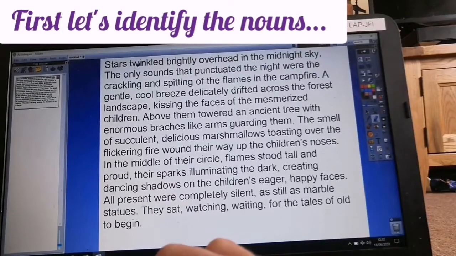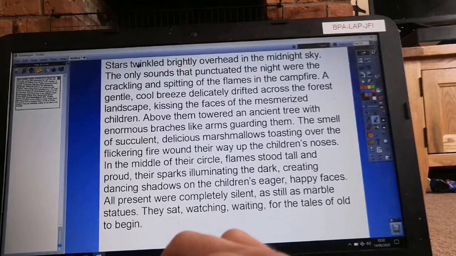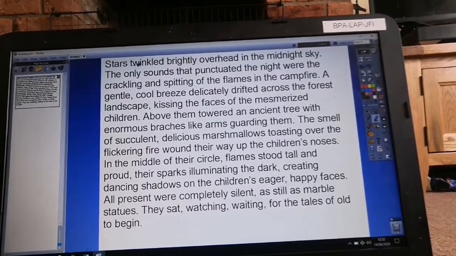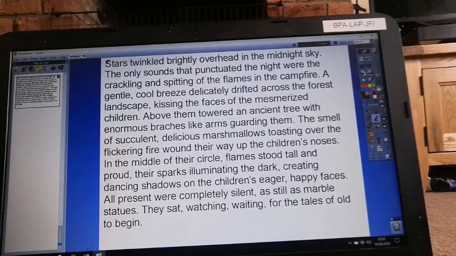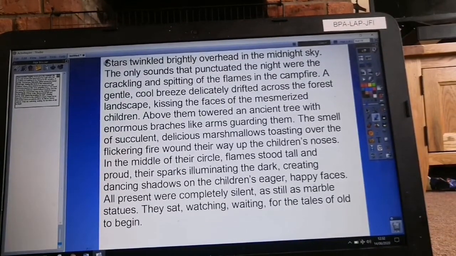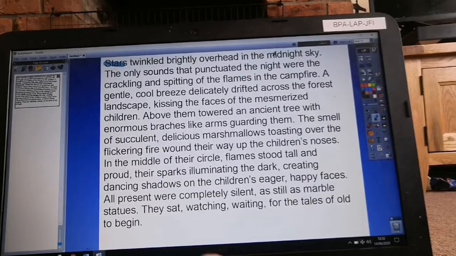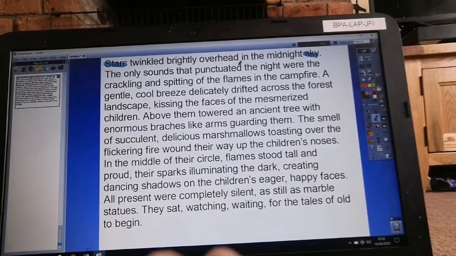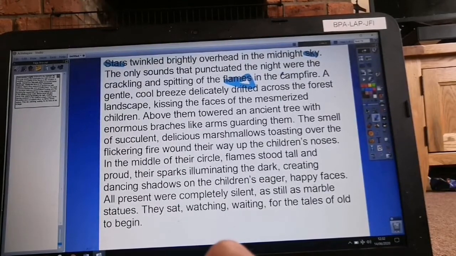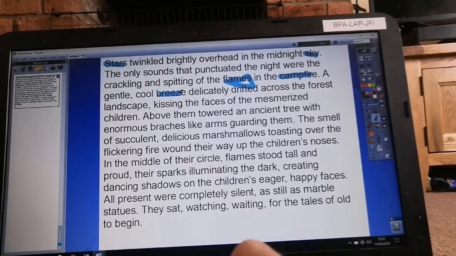The nouns the author has chosen to use are going to tell me what objects, what things I need to draw. So if I identify the nouns first of all, that's going to help me know what I'm drawing. So we've got stars, sky, flames, campfire, breeze, forest.